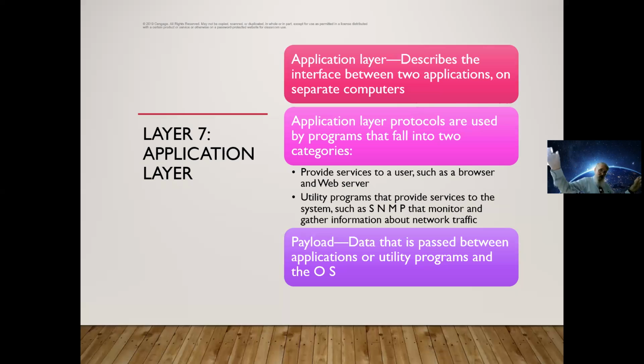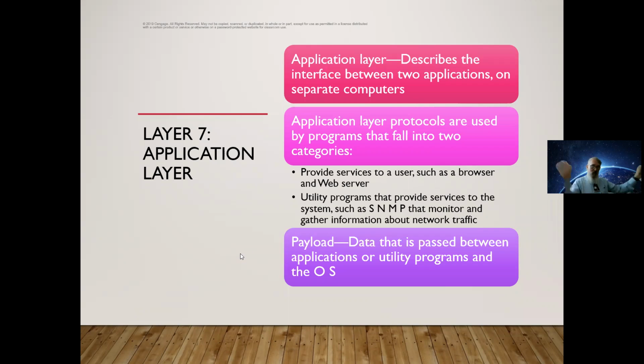Now they are different in email, aren't they? Because this one is going to be using SMTP. This one's going to be using POP3 or IMAP. If we're using a browser, on the other hand, then it's going to be HTTP on either end. So we can be communicating using that.